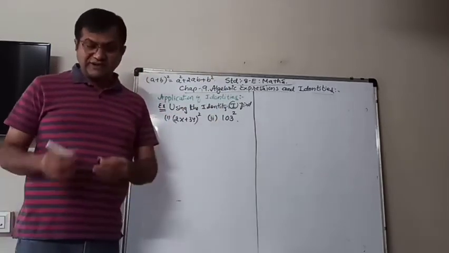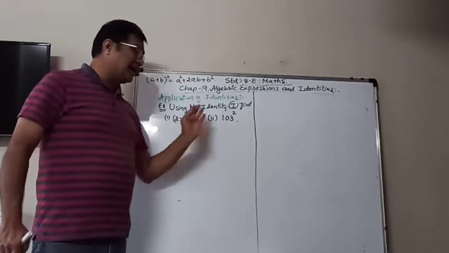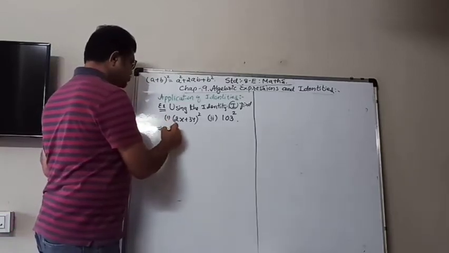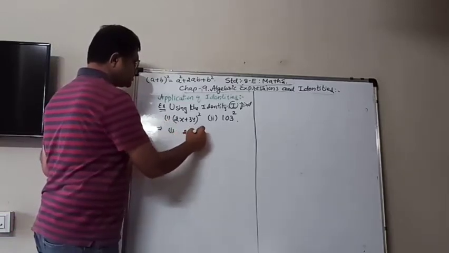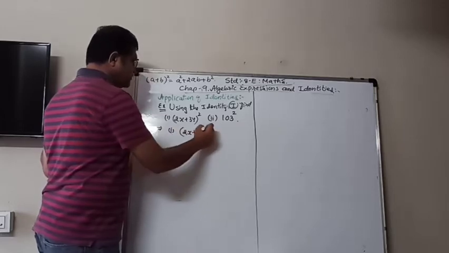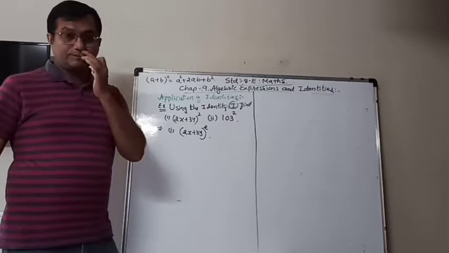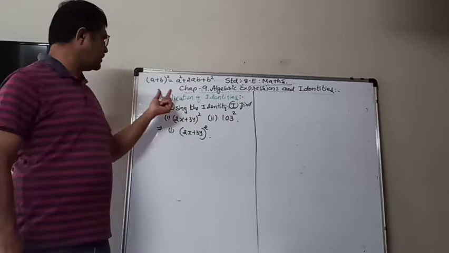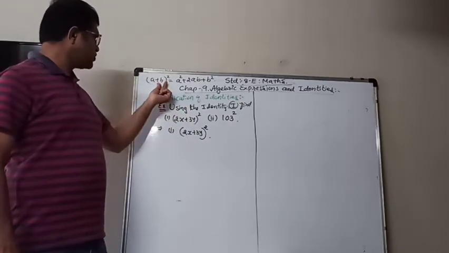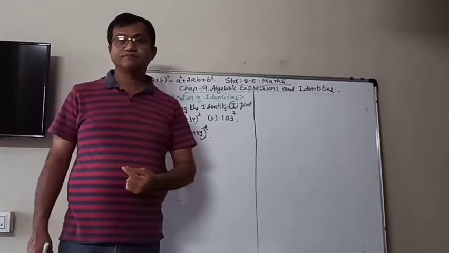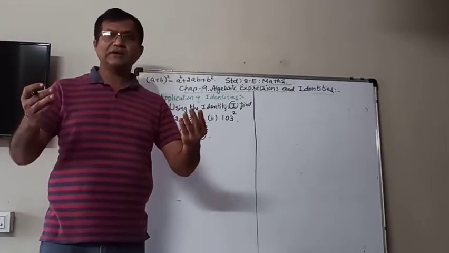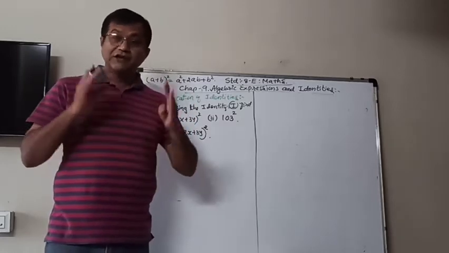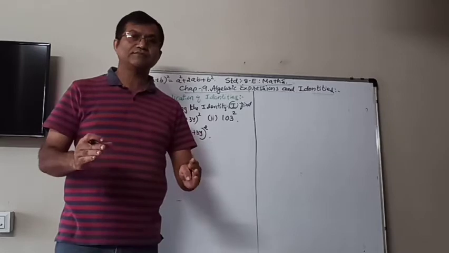If you don't remember this identity, you won't be able to do any of these sums. So let us start with the first one, that is (2x plus 3y) whole square. Here, in place of a it is 2x, in place of b it is 3y.